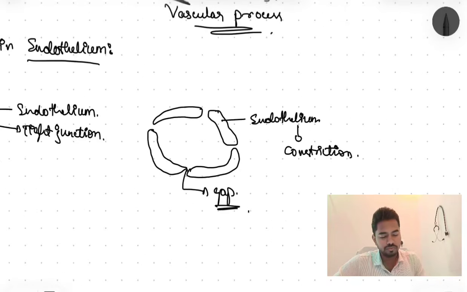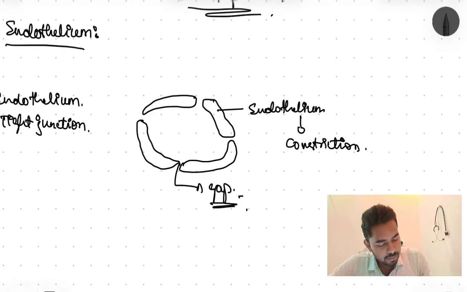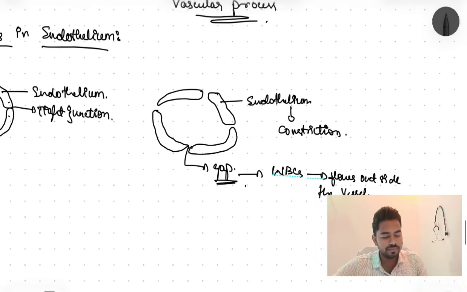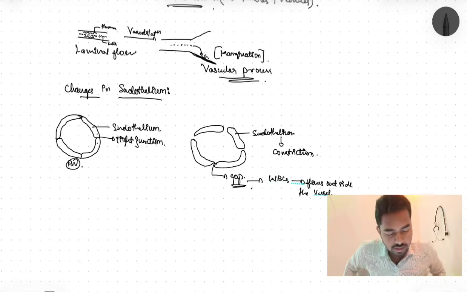So from this gap, WBCs will flow outside the vessel. Then these WBCs can eliminate the bacteria.